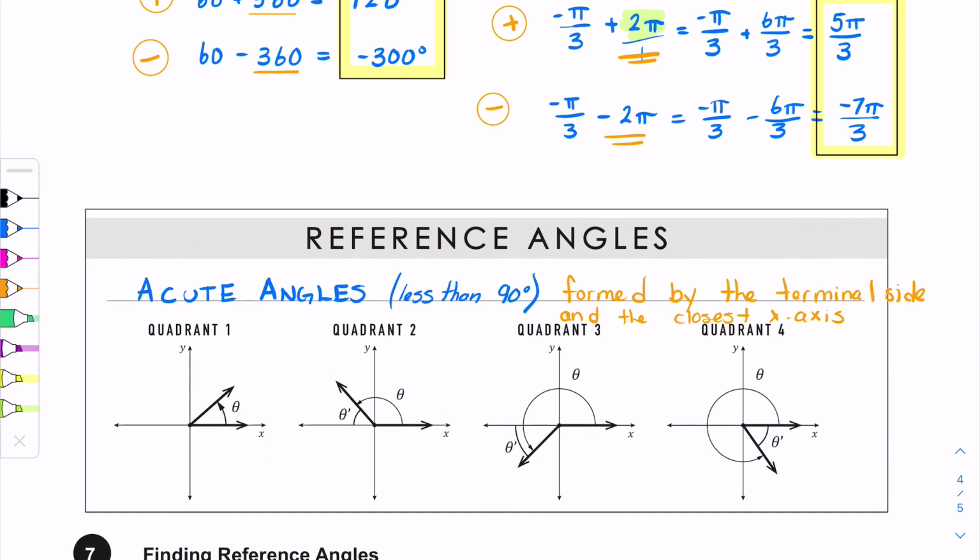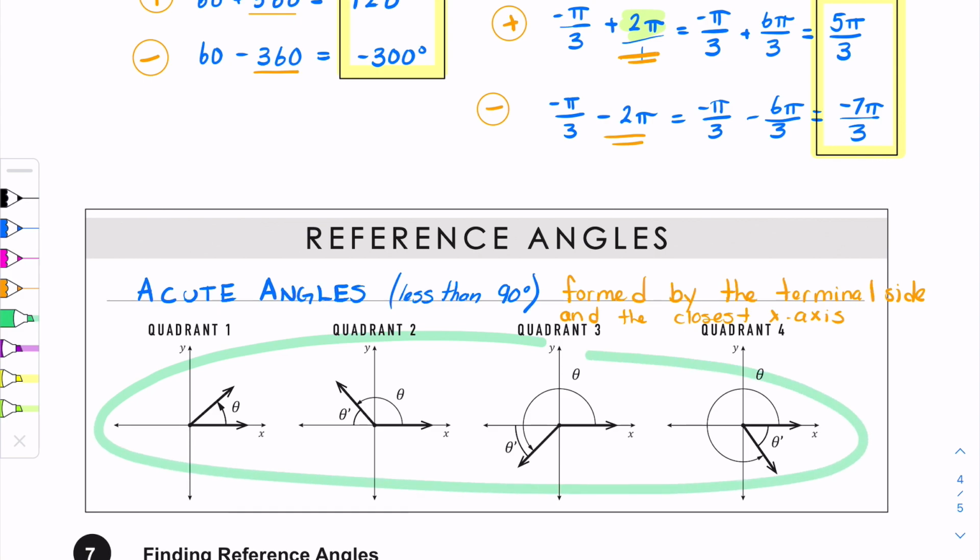All right, here you just see some examples of where your reference angles are in each quadrant.